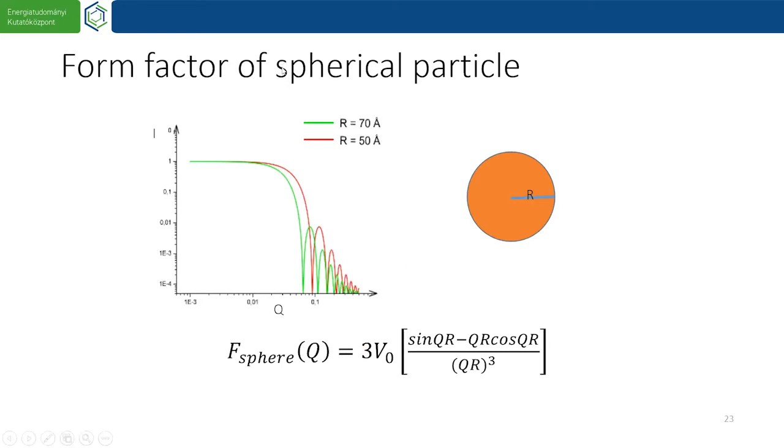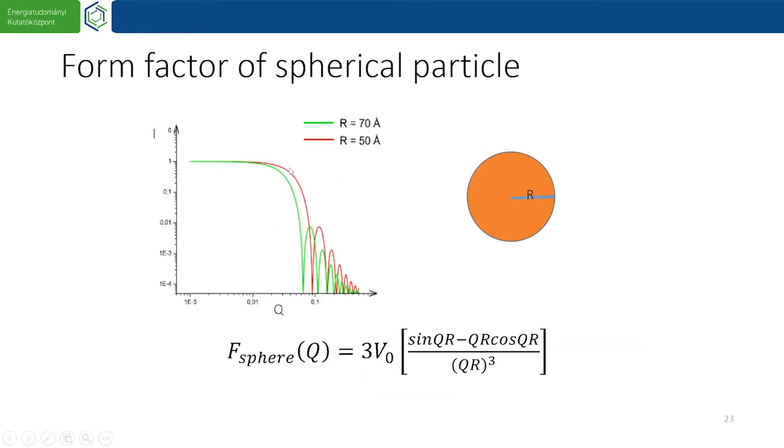Let's take a sphere. A sphere has only one parameter, the radius. The radius of the sphere can be 5 nanometers, it can be 7 nanometers, and the form factor is analytically calculated, and it can be expressed as this expression: sine QR minus QR cosine QR, divided by QR to the third power.